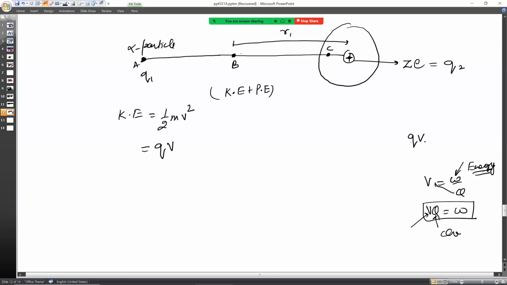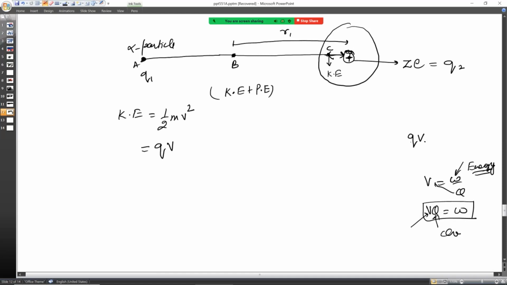Let the alpha particle reach this distance, otherwise it will not be able to penetrate. At this C point, it will not be able to move further. It will bounce back because of the positively charged force of this nucleus. So let this point be C point, where the kinetic energy will become zero.